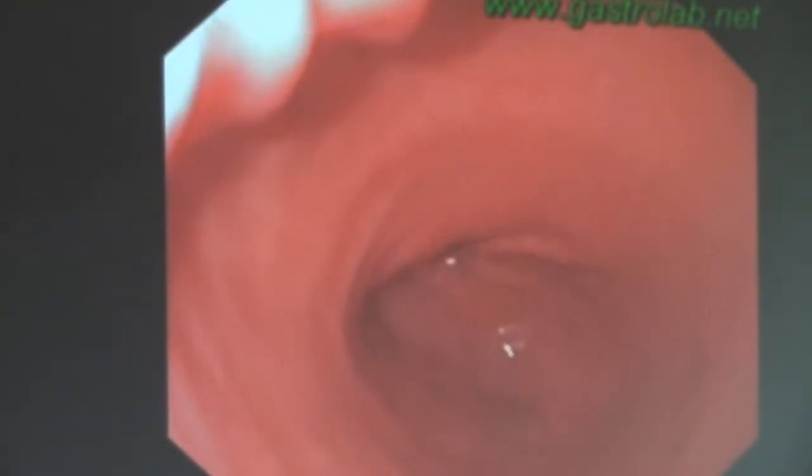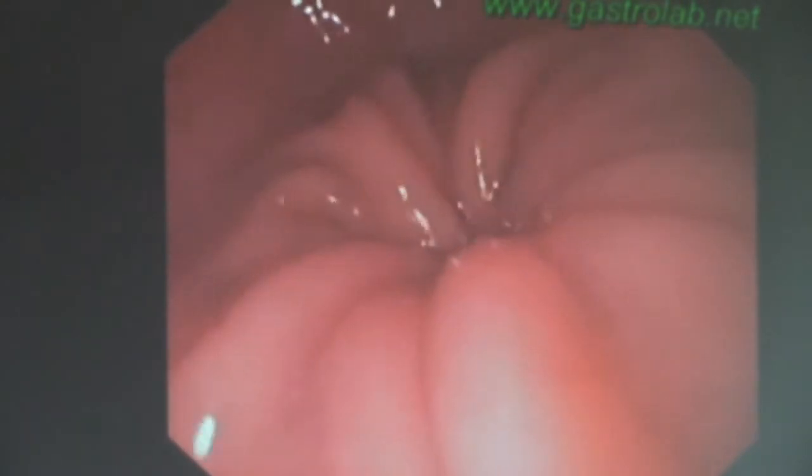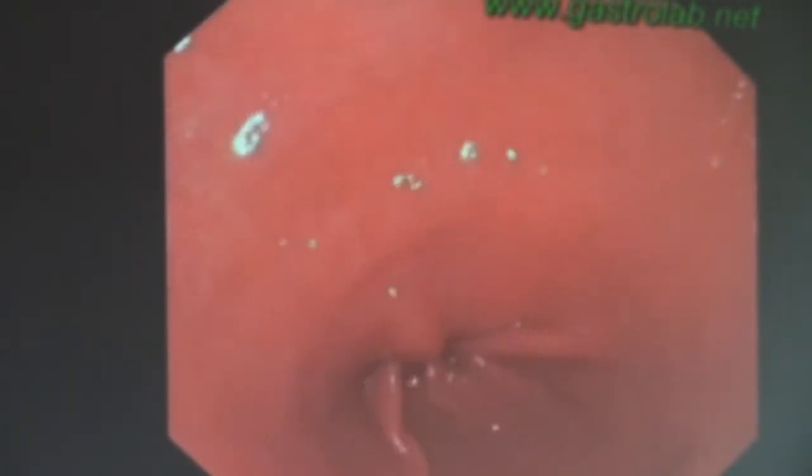Some of it is going to get squeezed out through that pyloric opening, through the pyloric sphincter. And so these waves of churning action mix the chyme and squeeze it out through the pyloric sphincter in small bursts.